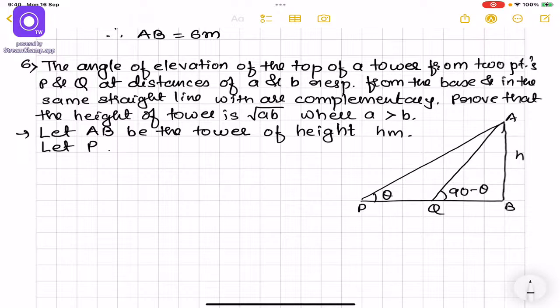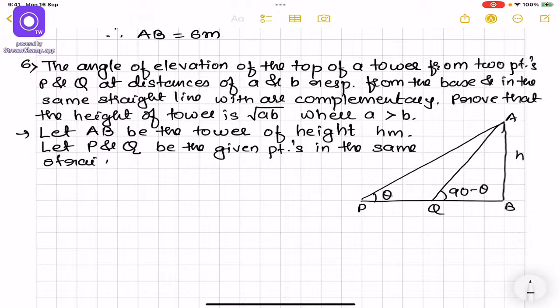Let P and Q be the given points in the same straight line with foot B of the tower.